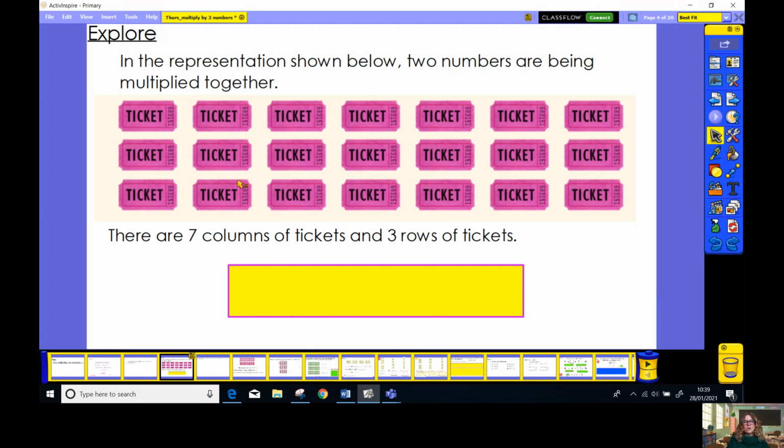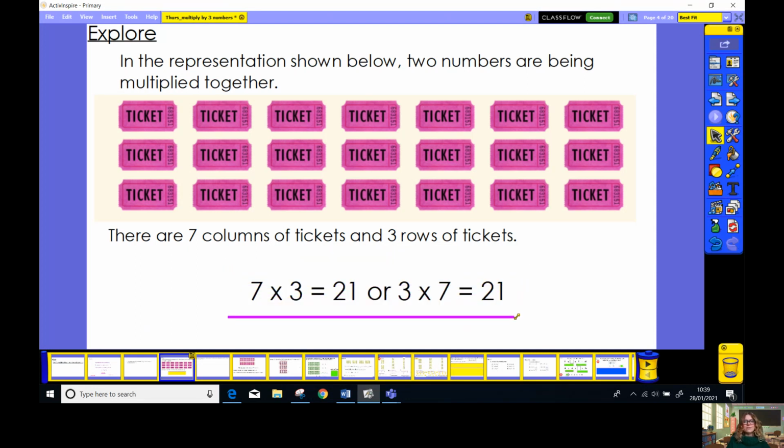There are 7 columns, 1, 2, 3, 4, 5, 6, 7, and 3 rows of tickets, 1, 2, 3. So the multiplication I've got here is 7 times 3 or 3 times 7, which we know because of our times tables is 21. There are 21 tickets here altogether.